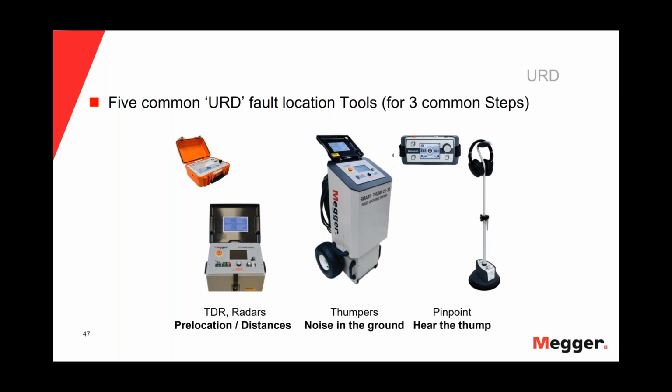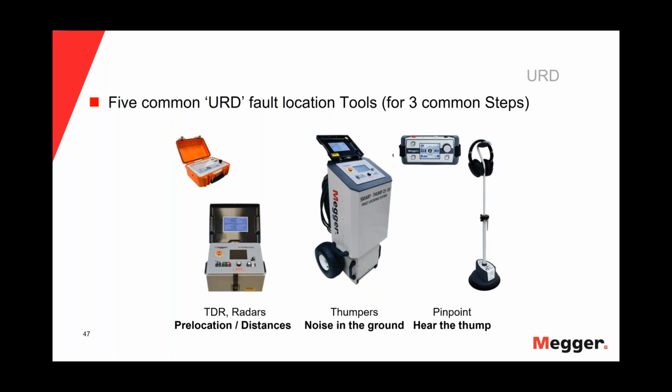Now, one of the things I should point out is the thumper shown there in the middle of the screen and the small thumper down to the left. You'll notice they have identical control panels, and these thumpers basically have the fault locate sequence built into them.